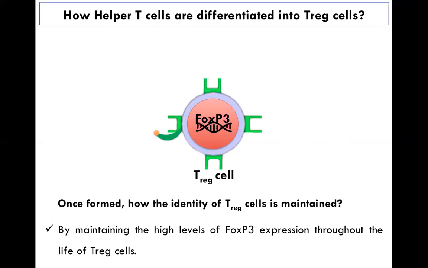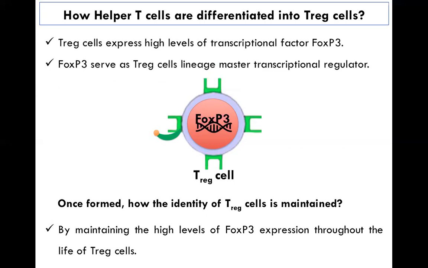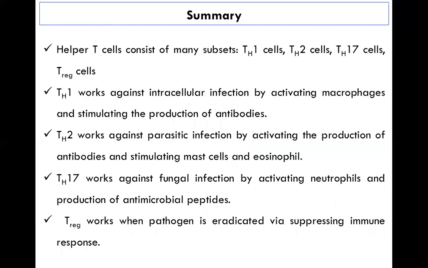They maintain this by a high level of FOXP3 expression throughout the life of T regulatory cells, and FOXP3 serves as the T regulatory cell lineage master transcriptional regulator. So that's what we have learned so far.